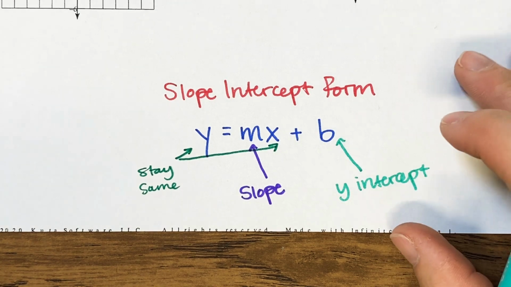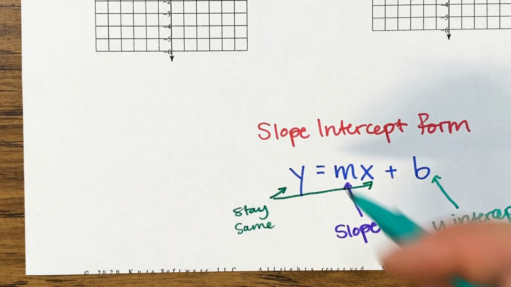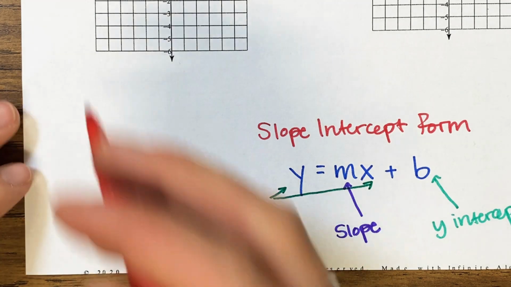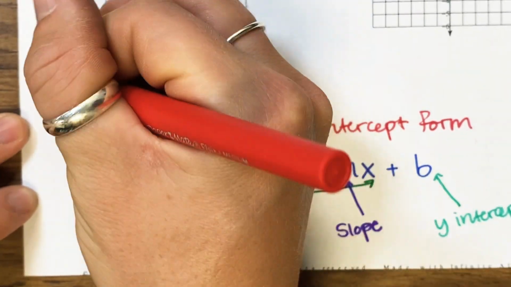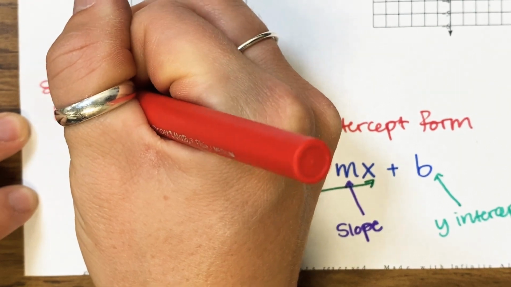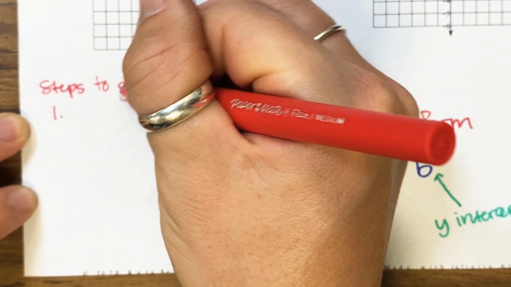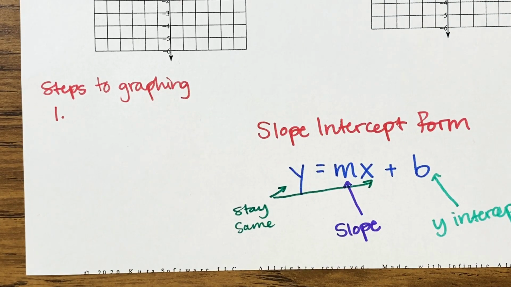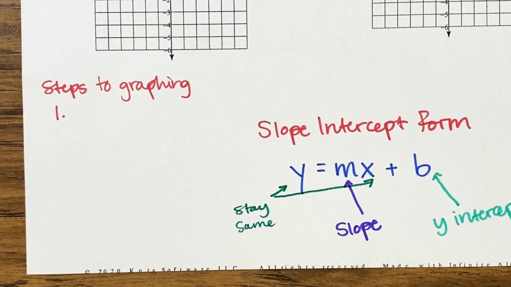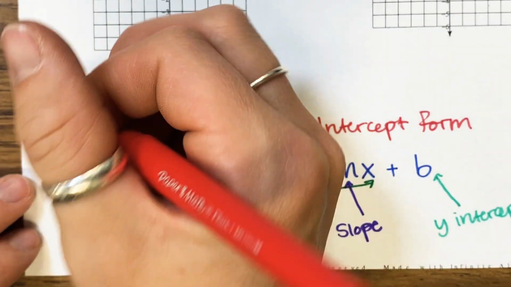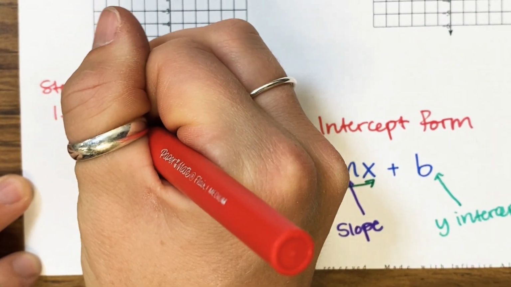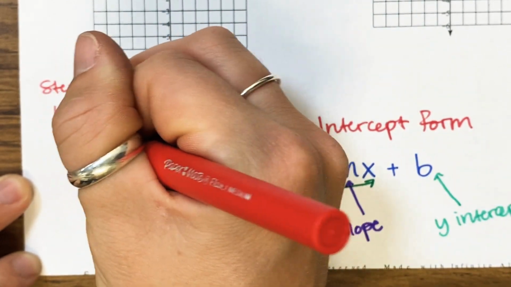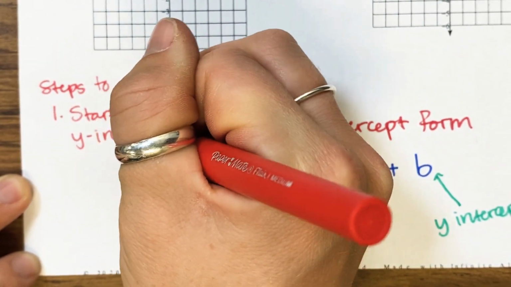But now, let's go right next to our definition of slope-intercept form. Let's write down our steps to graphing. Number one, start with the y-intercept.